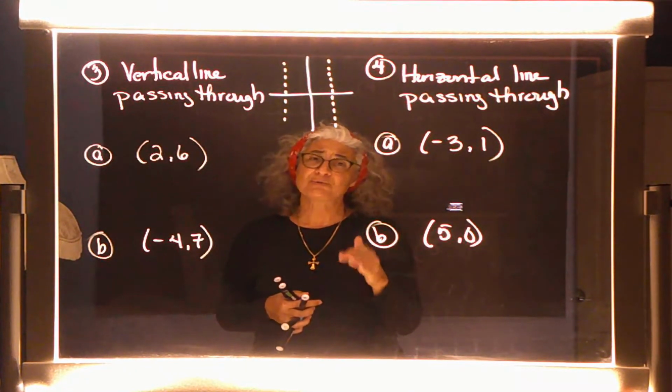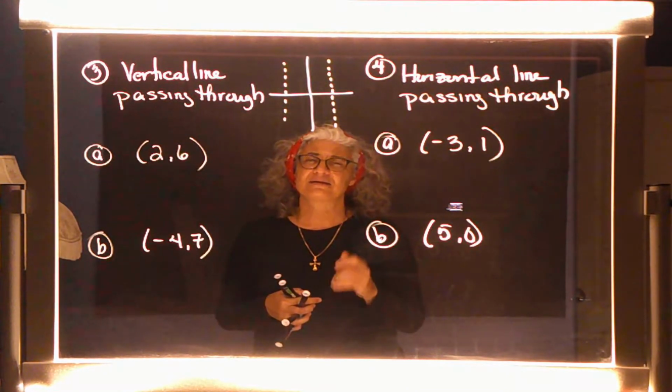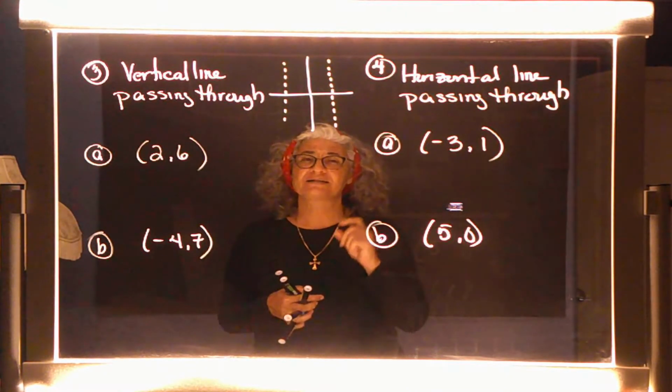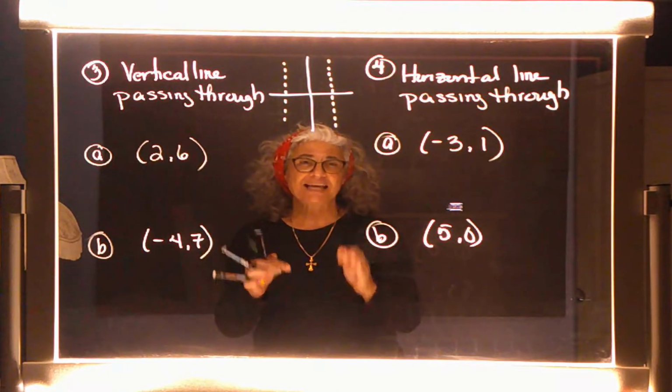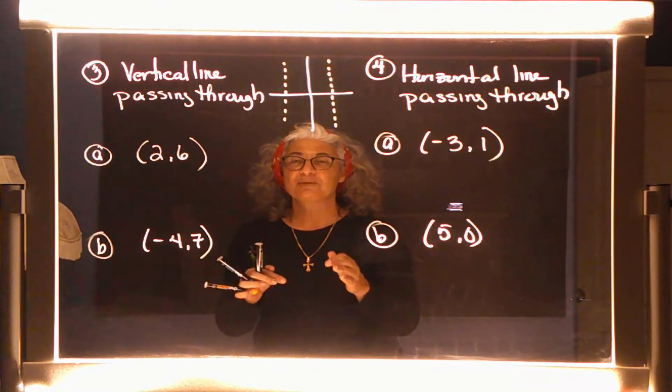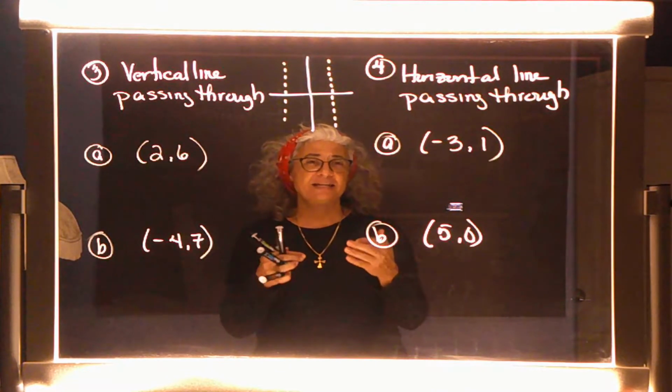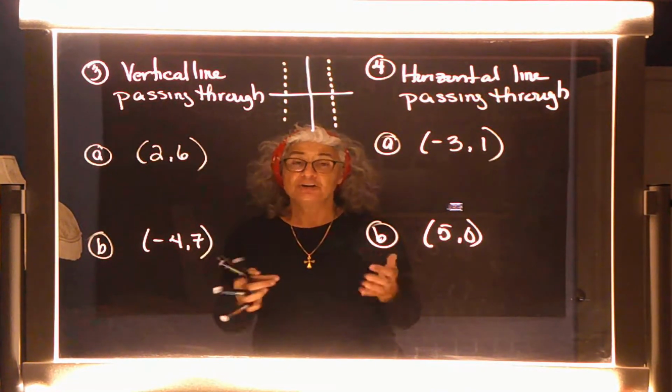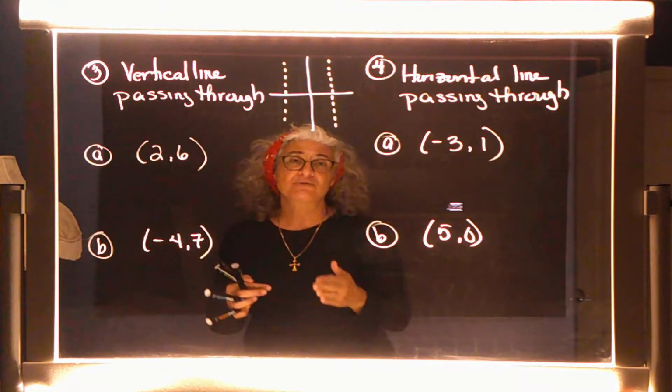Yeah, they only cut through the x-axis. Got it? Just the x-axis. So in this case, am I going to find the variable y in the answer? No, I'm not, because the line's only cutting through the x-axis.